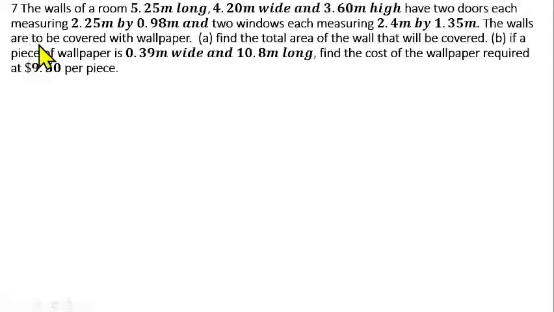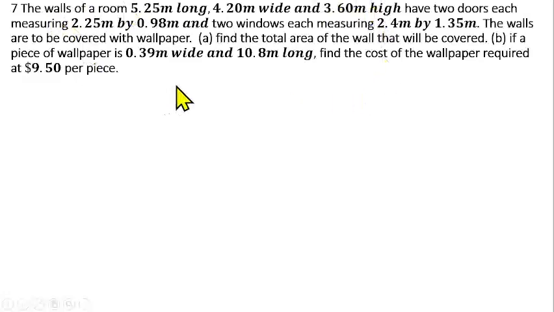The walls are to be covered with wallpaper. Find the total area of the walls that will be covered. Then if a piece of wallpaper is 0.39 meters wide and 10.8 meters long, find the cost of the wallpaper required at $9.50 per piece.